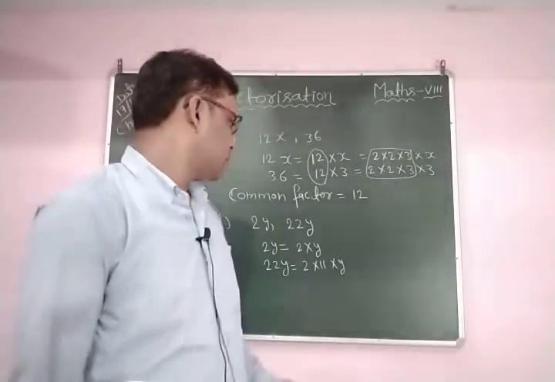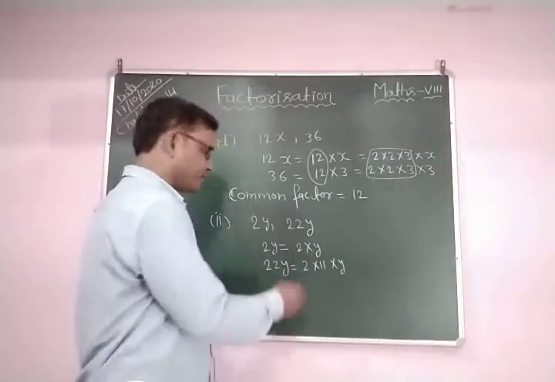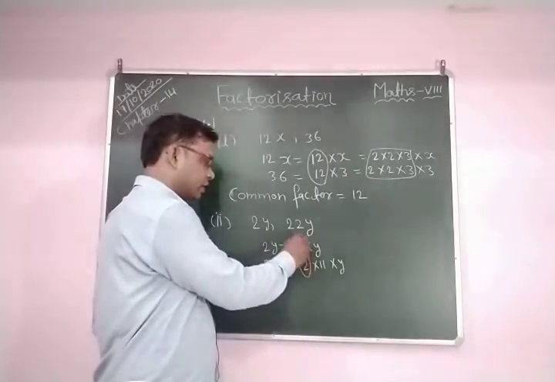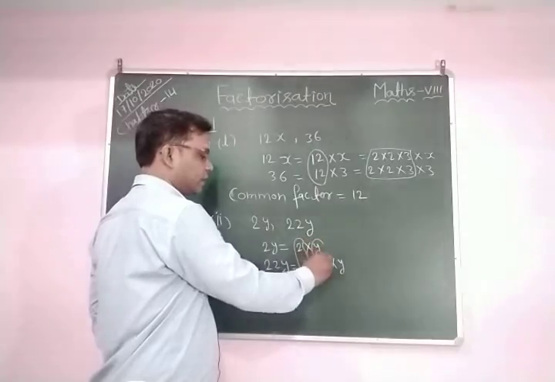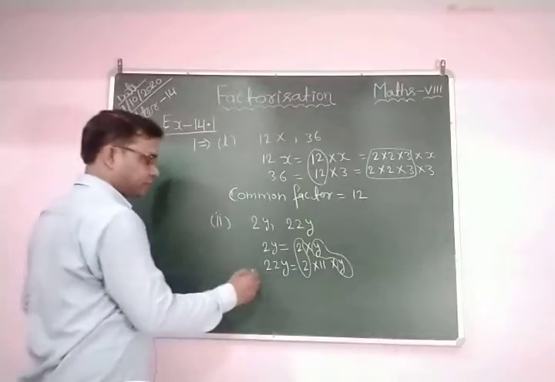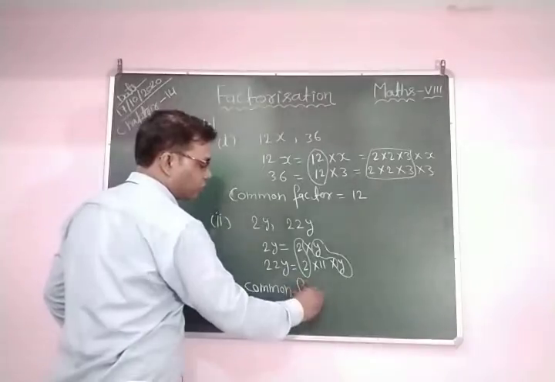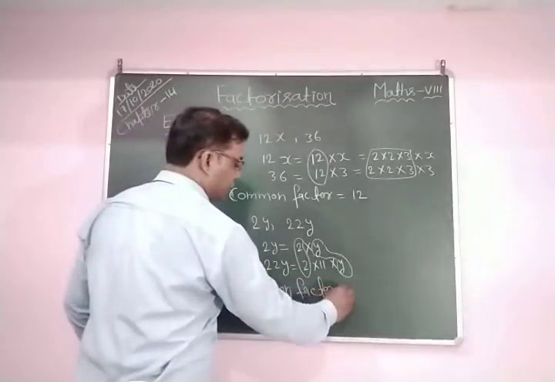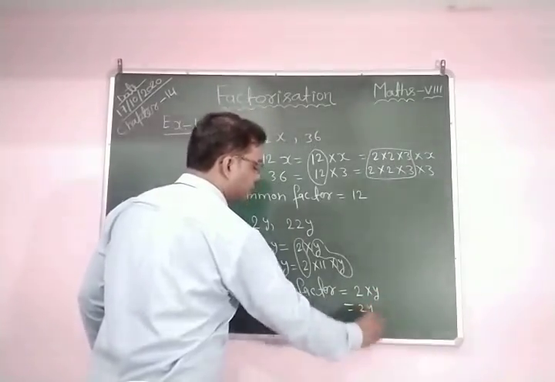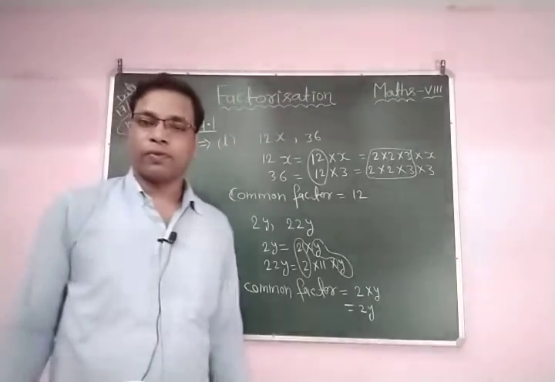In both terms, 2 is common, and y is also common. So the common factor is 2 into y, or 2y, the common factor of 2y and 22y.